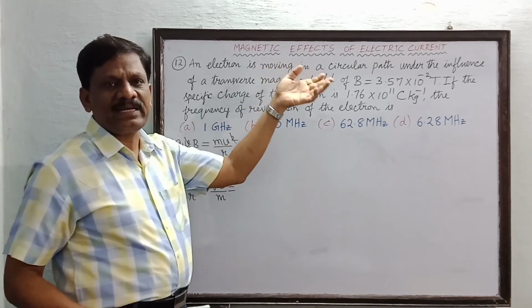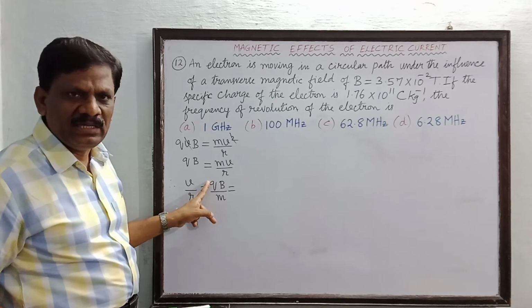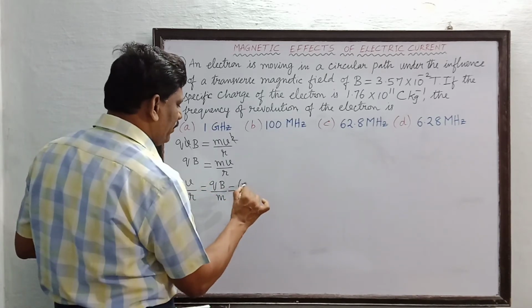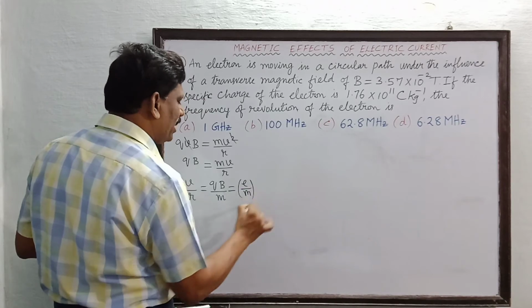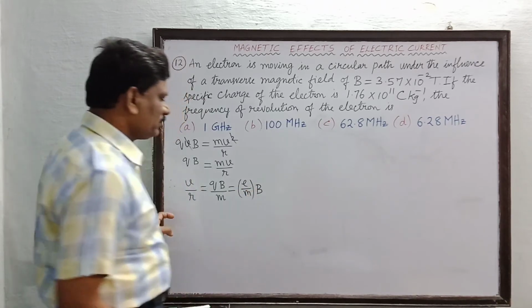Because the particle is electron, its charge is E. So instead of Q, I am going to substitute E, so that this will become E by M into B, that is charge by mass, specific charge, into B.